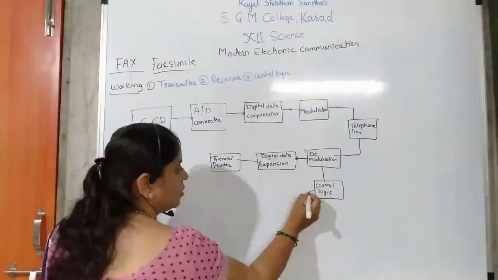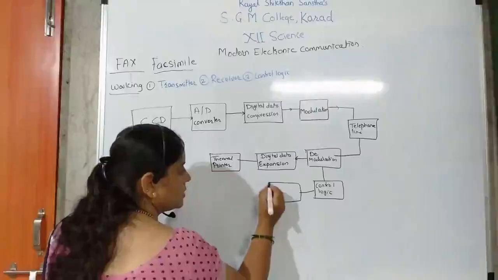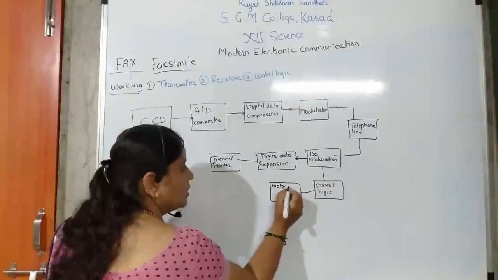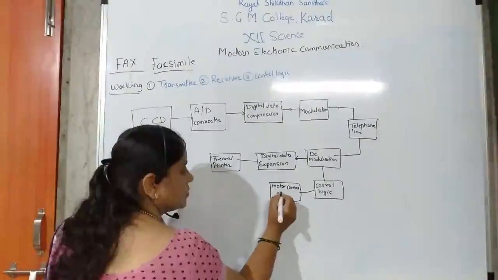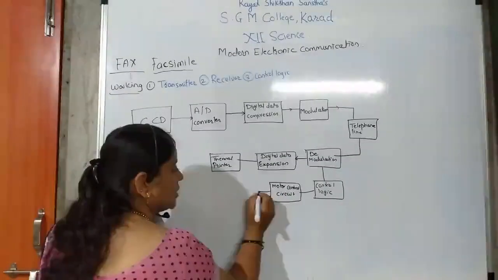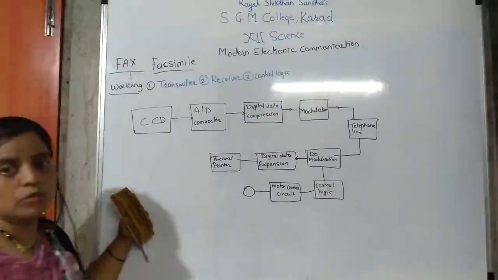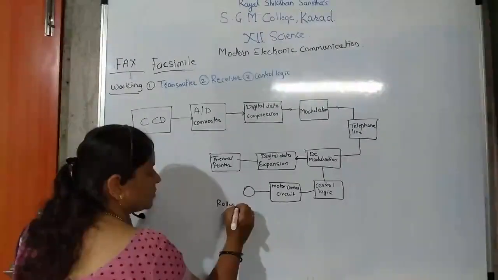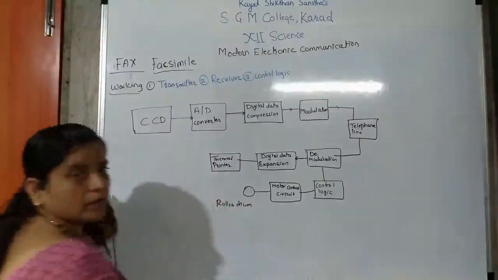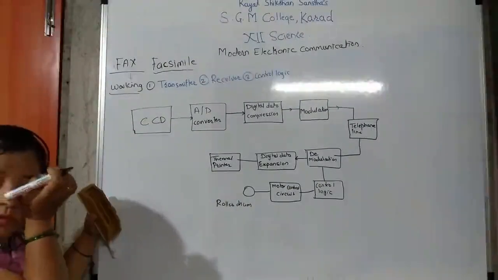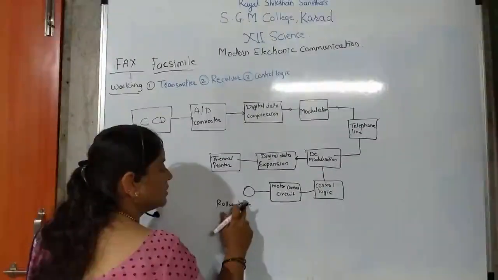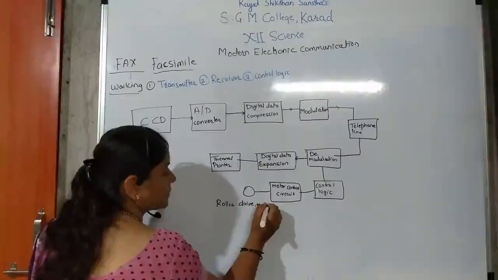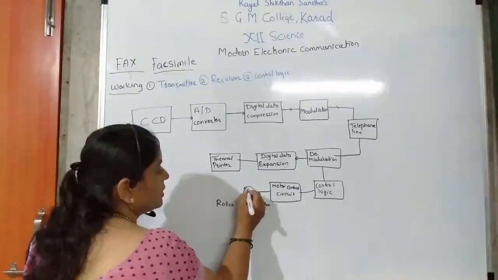And that control logic block is given to the motor control circuit, and that motor control circuit is given to the roller device or motor drive, which is the motor of the roller device.